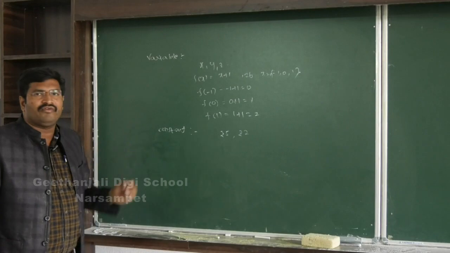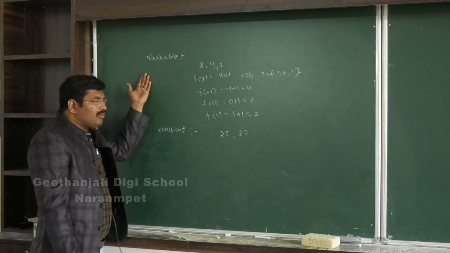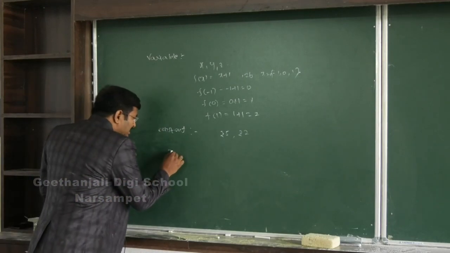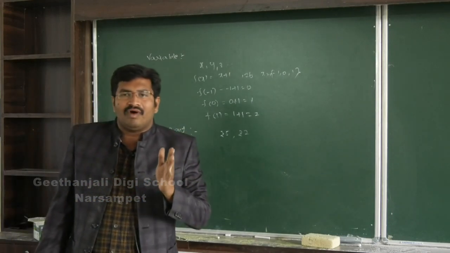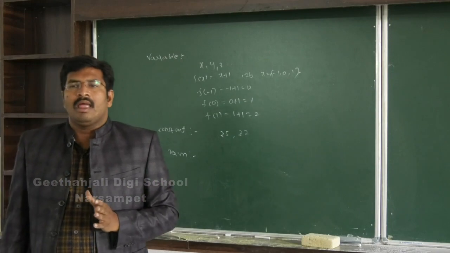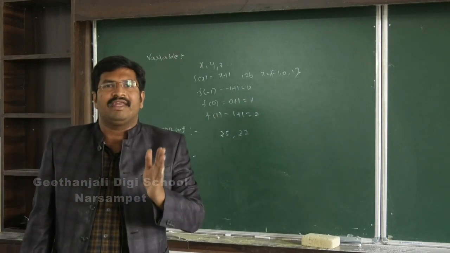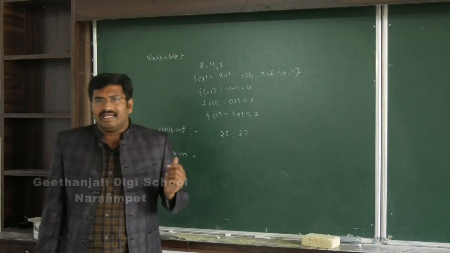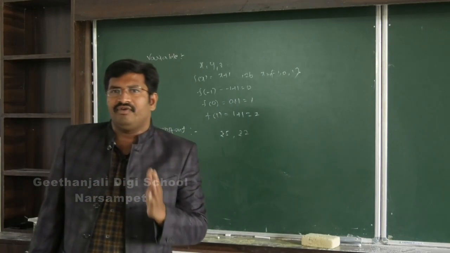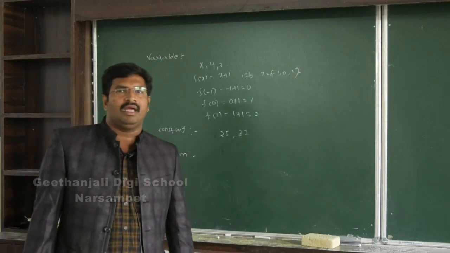Next, after variable and constant, you will go for term. What is the term? The combination of variable and constant is nothing but a term. Once again, a combination of variable and constant is nothing but a term.